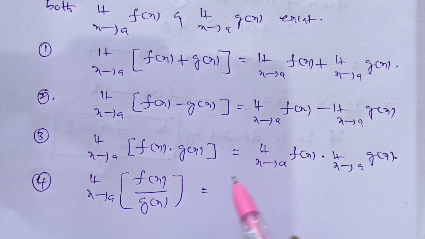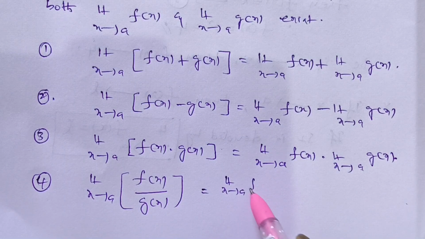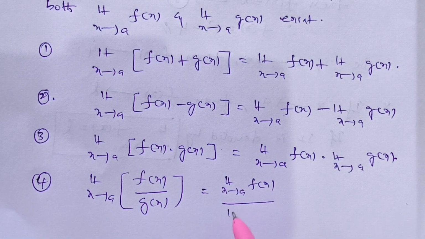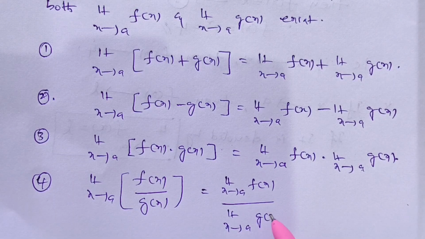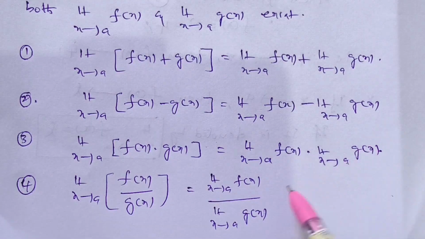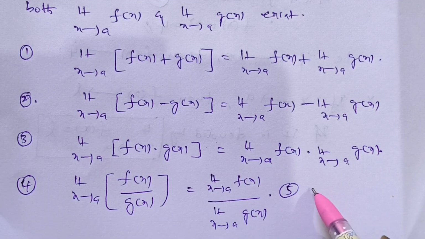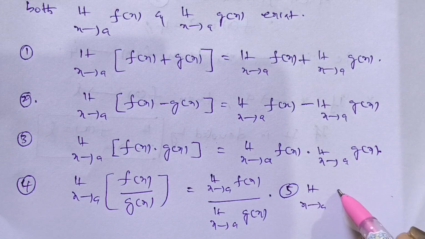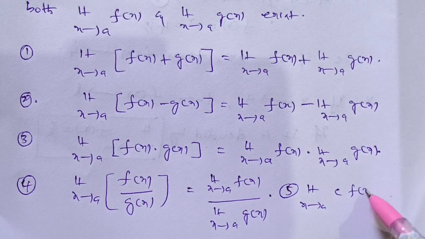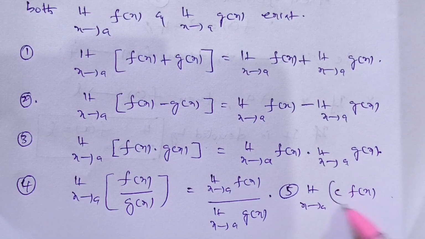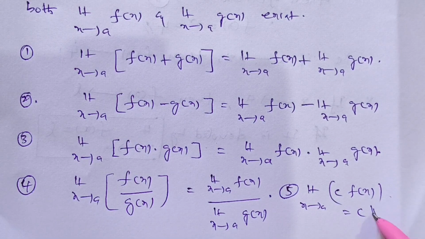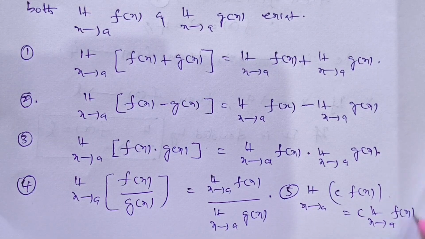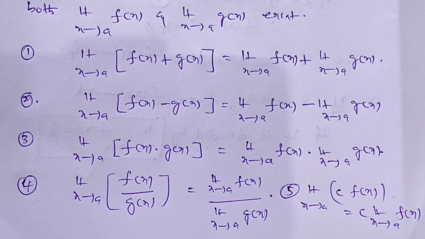Then the limit can be applied to the numerator as well as the denominator: limit x approaches a f of x by limit x approaches a g of x. Here the denominator value should not be equal to 0. Now the fifth one is limit x approaches a of some constant into a function, suppose c into f of x. Here c means the constant, and f of x is the function of x. Then it is c into limit x approaches a f of x. So c can be taken outside in this case.